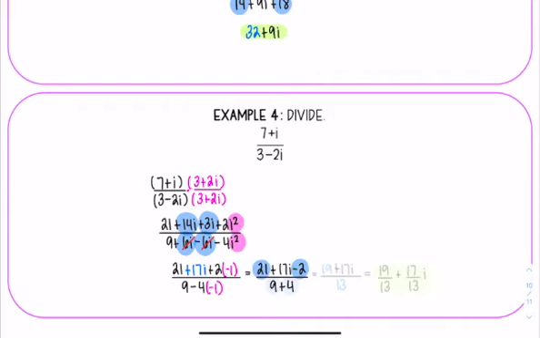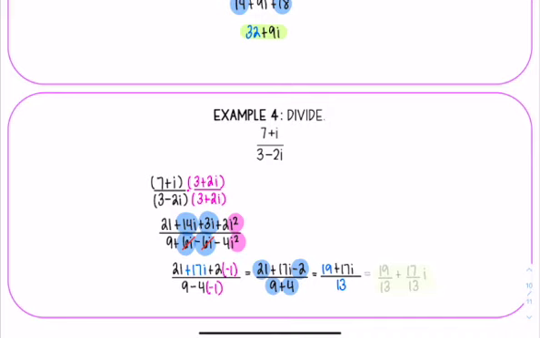We have 21 and negative 2 on the top, and then we have our 9 and 4 in the bottom. And so 21 minus 2 is going to give me 19 plus 17i. And in the bottom, we have our 9 plus 4, which gives me 13.